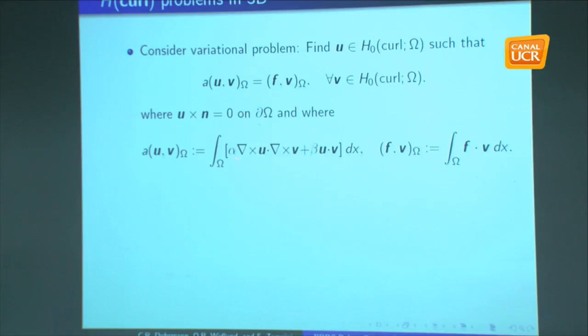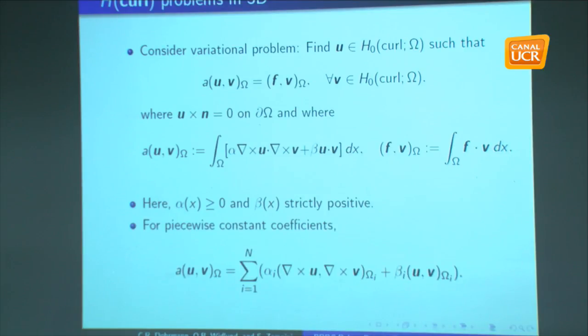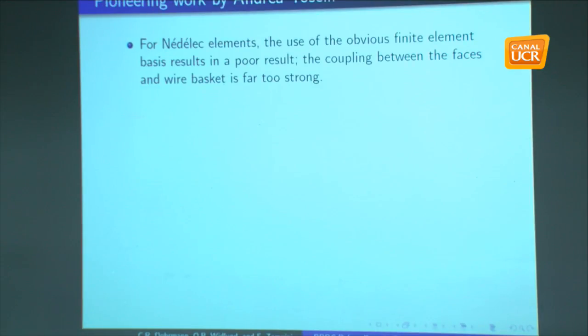Well, we have two sets of variables here. Here we have the curl operator, and here we have an L2 term. And these are non-negative. And for piecewise constant coefficients, we assemble the energies with different alpha_i's and beta_i's.